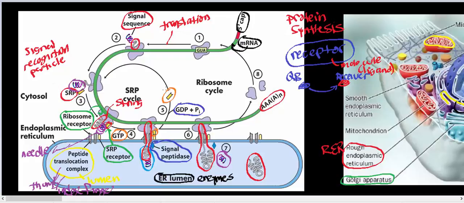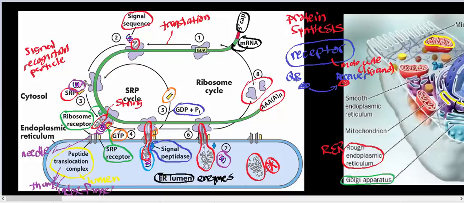And basically, as soon as the protein is made, the signal peptidase cleaves off the signal sequence, and now you have your final product. You have your protein minus the signal sequence in the rough ER lumen. And then the ribosome dissociates. Once the protein's finished, you hit your stop codon, right?